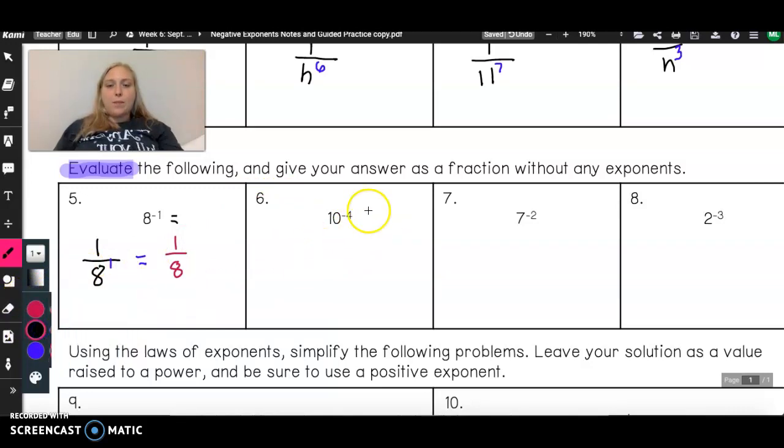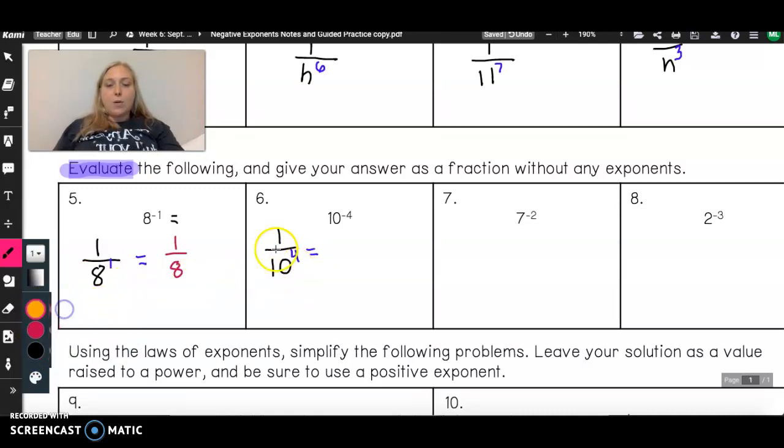Okay, but then we're going to see what it looks like when we have a more substantial exponent. If we have 10 to the negative 4th power, we have 1 over 10 to the positive 4th power. That's your exponential form, but we want to take that out to standard form. So 10 to the 4th power, what does that mean?